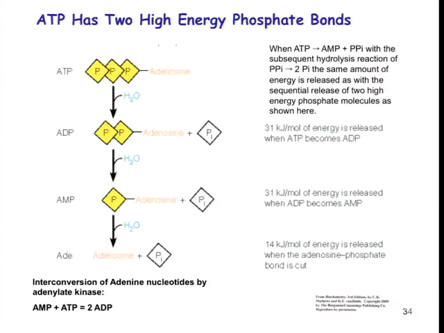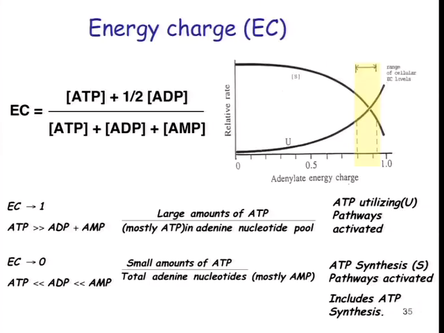What's important for us when we're thinking about the energy charge is that we want to know how many of our adenine nucleotides are in a high energy condition and how many are in a low energy condition. So here's our energy charge of the cell. And this half ADP in the equation comes from the action of the kinase, the enzyme I just spoke about.